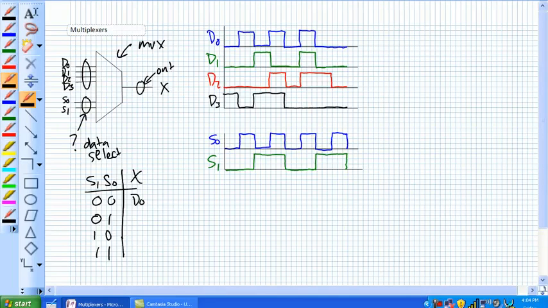So for all possible combinations of the data select, you get something like this. Let's say it's 1, 1 on our data select lines. The only thing that's coming to the output is D3. So even though there might be data on D0, D1, or D2, the only thing that's coming out when S1 and S0 are 1 and 1 is D3.